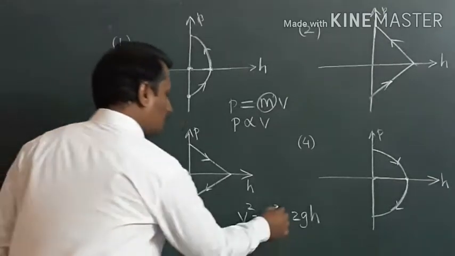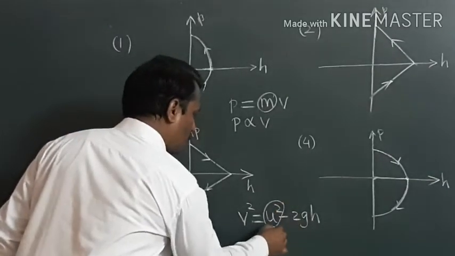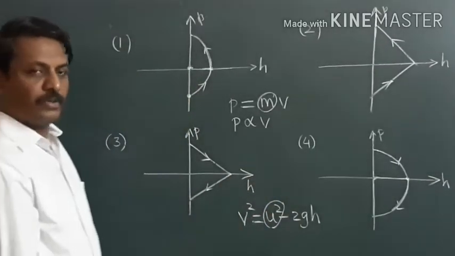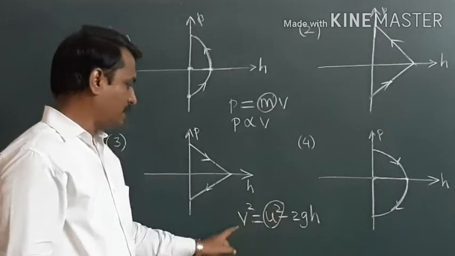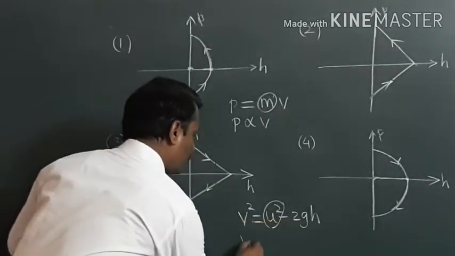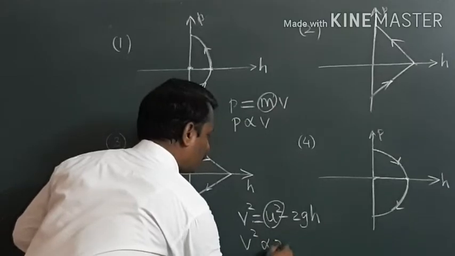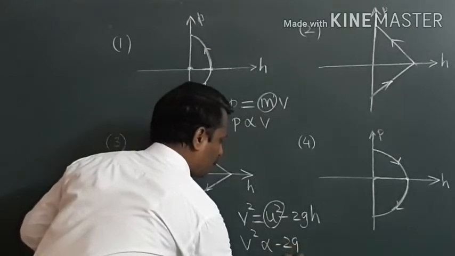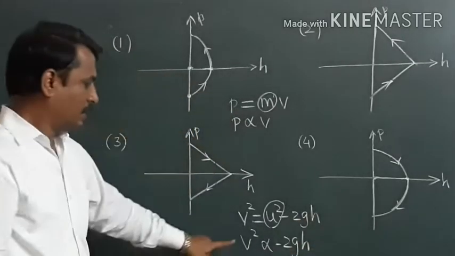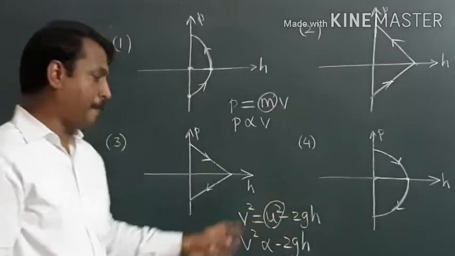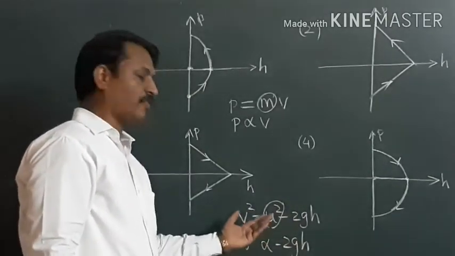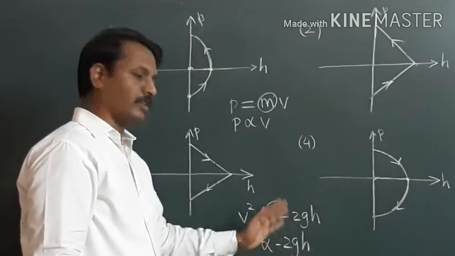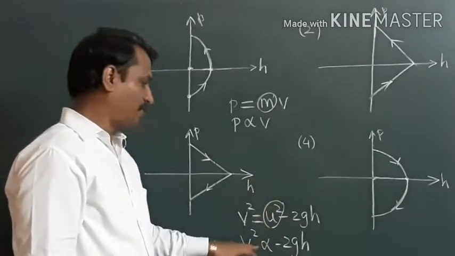Here the initial speed u is constant, fixed. We give the initial speed, that one is fixed. Therefore here v square is proportional to minus 2gh. This is the equation of a parabola in the opposite direction, or having the opposite face.